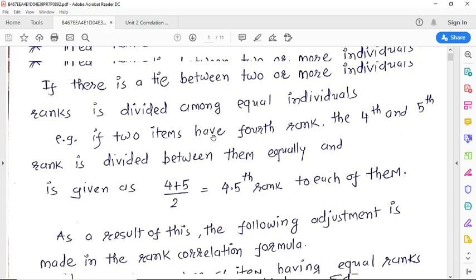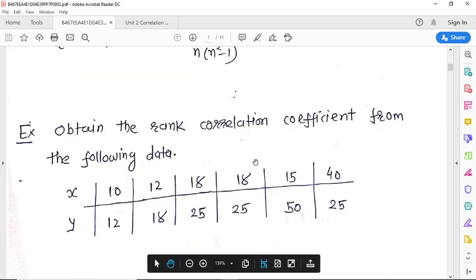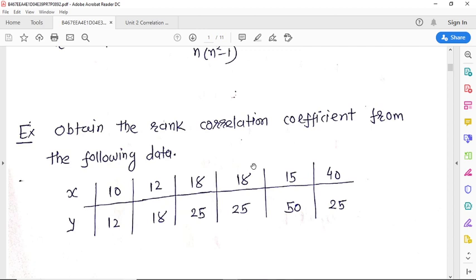What is the meaning of tied rank? If there is a tie between two or more individual rankings, it means in this example that if we give ranking to this data and two values are the same, we cannot give this a third rank, it is a fourth rank here. So in such cases we have to face tied situations.